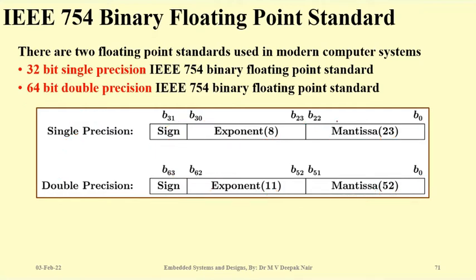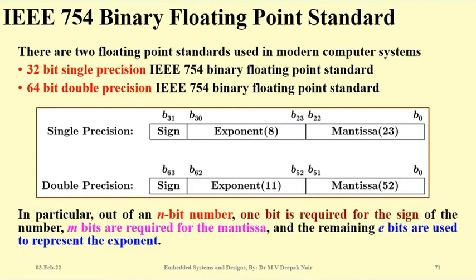Or how to fill these particular gaps. So please make note of this system: sign bit, exponent, mantissa. 8-bit, 23-bit, 11-bit, 52-bit. How to get these bits? Okay, clear. So I have just put them here.